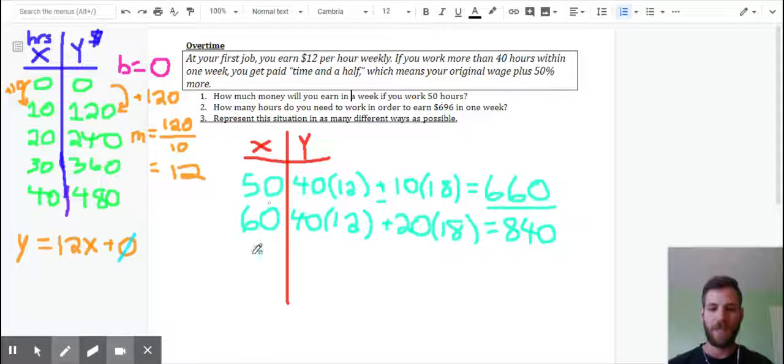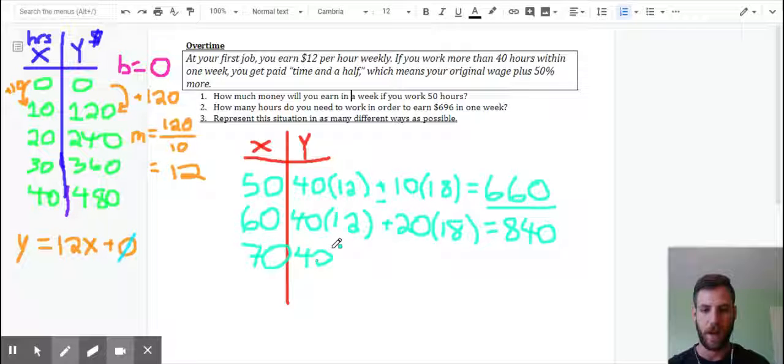So now that I have 50 and 60, I want to do one more row just to make sure that we have the same constant rate of growth. Because so far from 660 to 840, that's a $180 difference. So now if I were to do this with 70, let's check that, see if it's still the same constant growth rate.